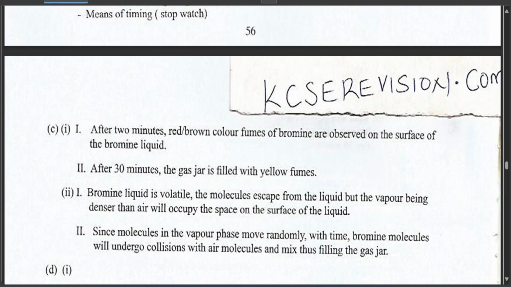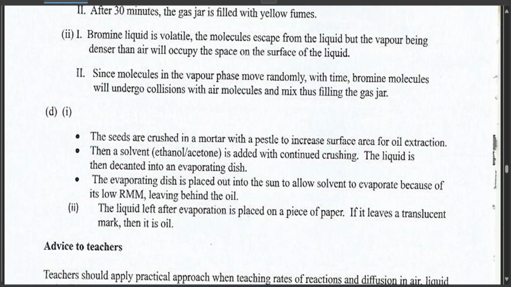That is why you saw red-brown fumes after 2 minutes. But after 30 minutes the gas jar is filled with yellow fumes because molecules in the vapor phase move randomly with time, so bromine molecules undergo collisions with air molecules and mix. That's why it fills the whole gas jar.